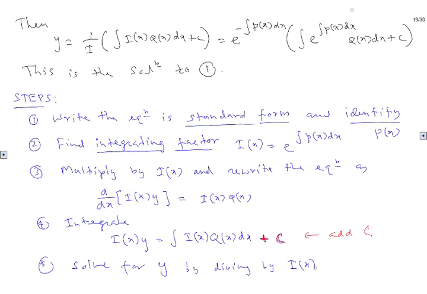Good. So those are the 5 steps you need to do a problem with the integrating factor method. What are the steps again? We write the problem in standard form and identify what P(x) is. Then we find the integrating factor.